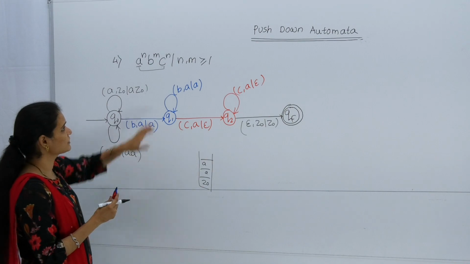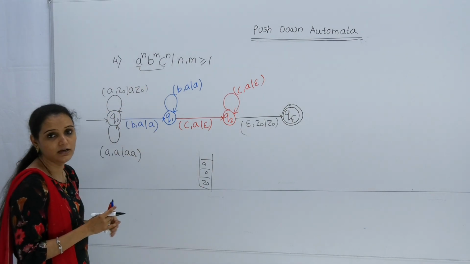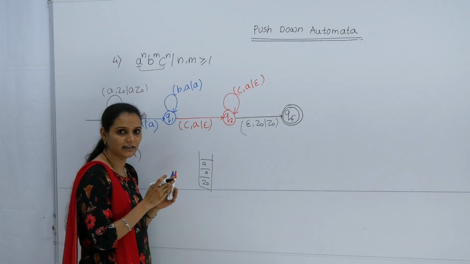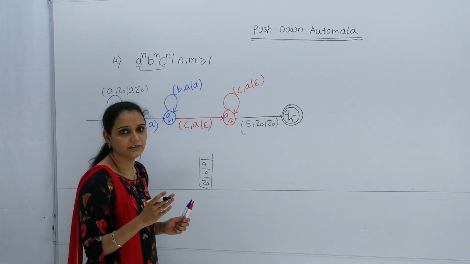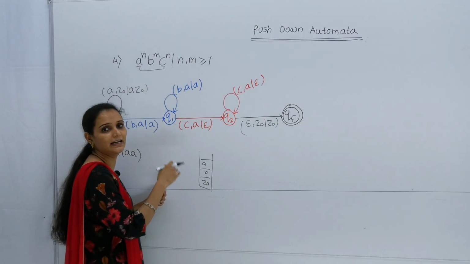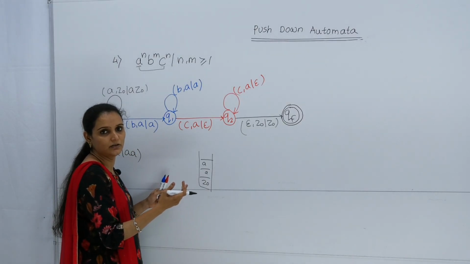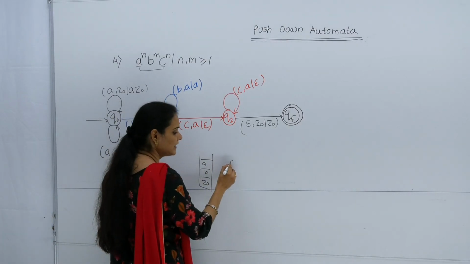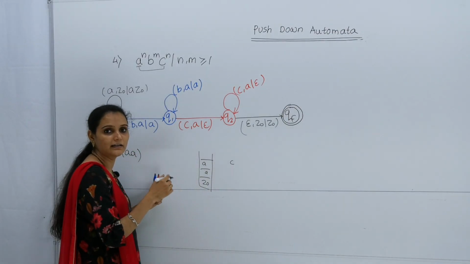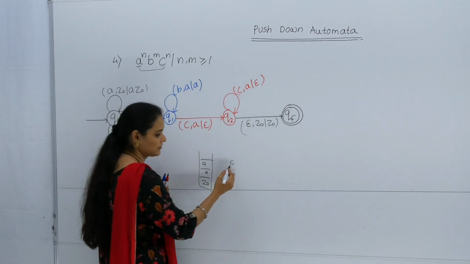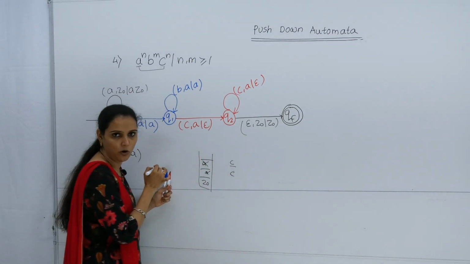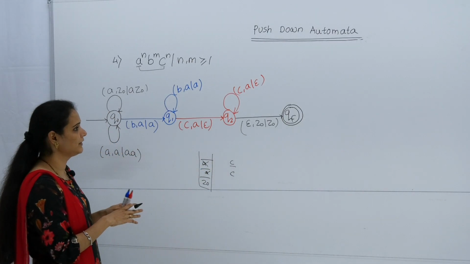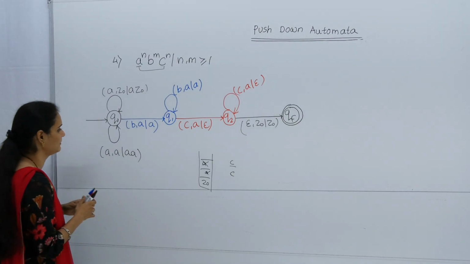Then there is no restriction on the number of B's, therefore when the string finishes reading A and starts with B, we are only reading and ignoring the B's. After that, when the first C is read, we perform the pop operation. For each and every C, one A will be popped. Likewise, we are going to design the push down automata.